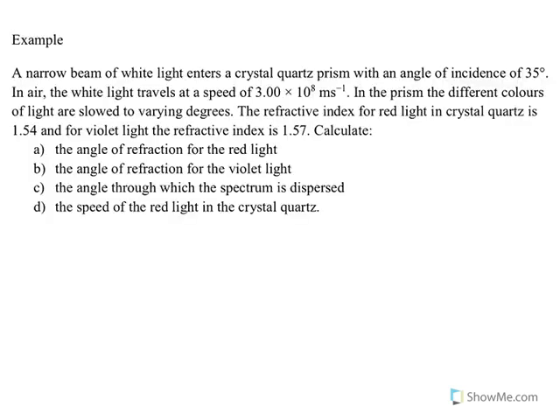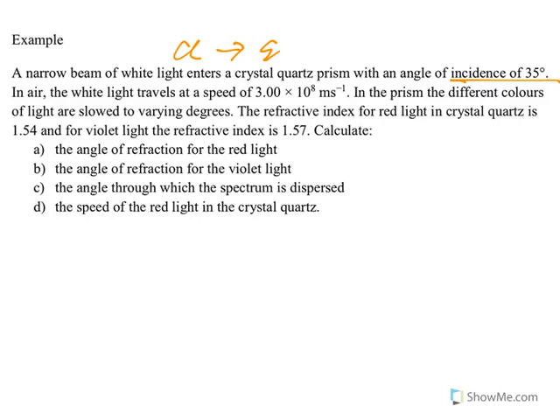All right, so, an example to do with this refractive index stuff. Let's have a look. A lot of words here. So, crystal quartz. A beam of white light enters crystal quartz, so I'm thinking it's going air to the quartz. Angle of entrance 35.